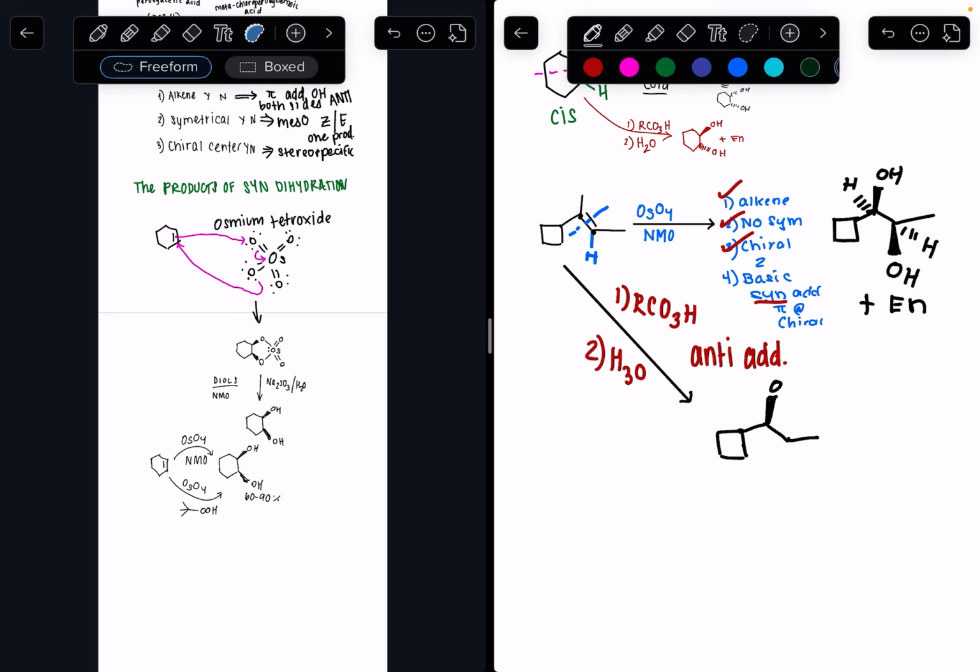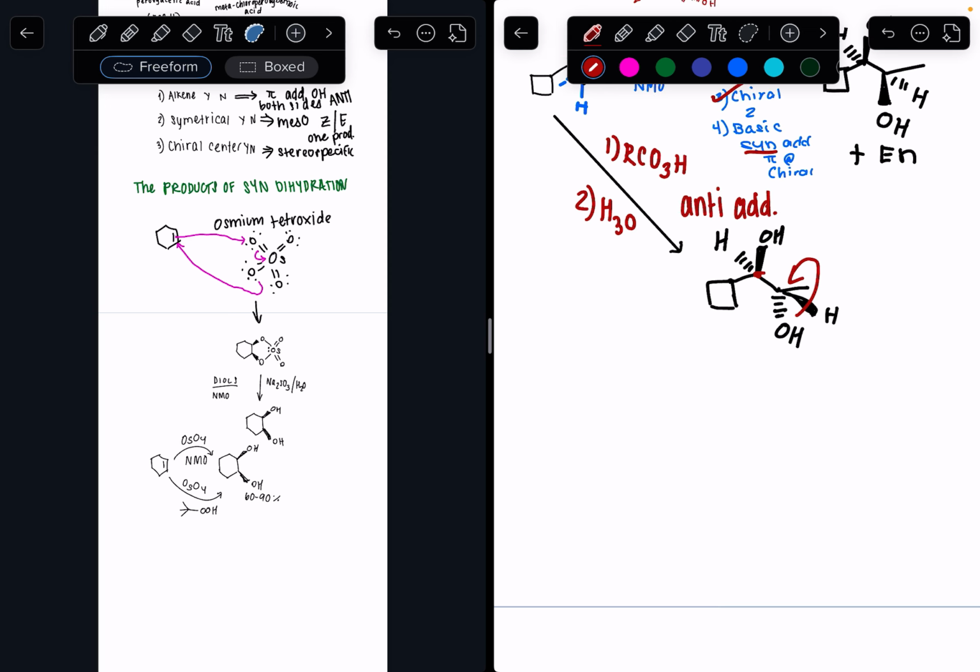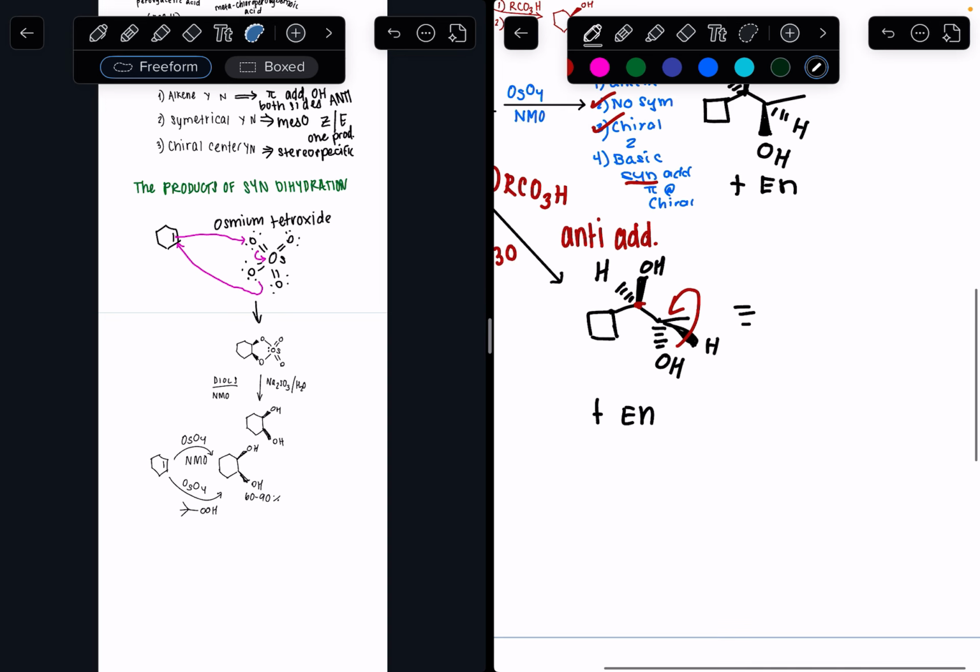So I'm adding like this. And I can always hold this one still and rotate this one around. It's going to be the same as the plus enantiomer. So that would be the same as writing this.